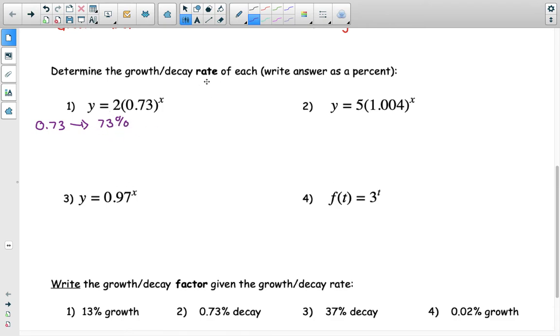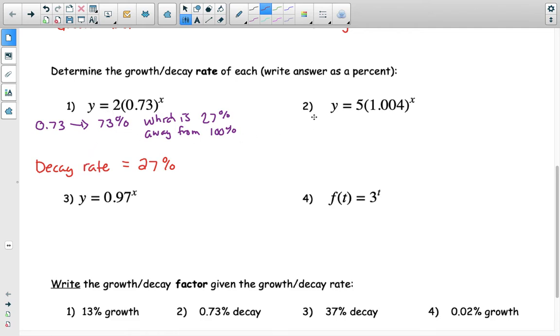So rate is how far away from 100. 73%, which is 27% away from 100%. That's our rate. That means that since it's decaying, our decay rate is equal to 27%, because that's how far away it is from 100. We don't see this number inside the equation because it's the rate.